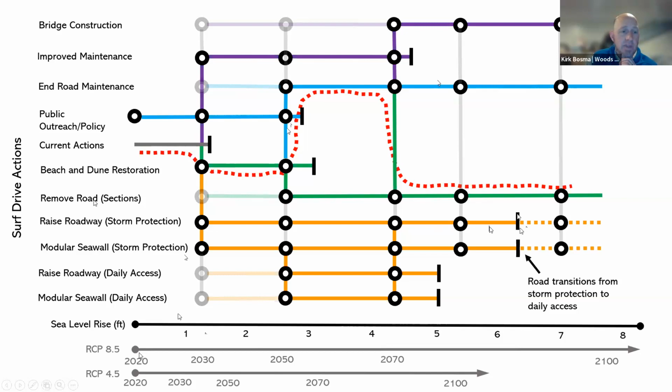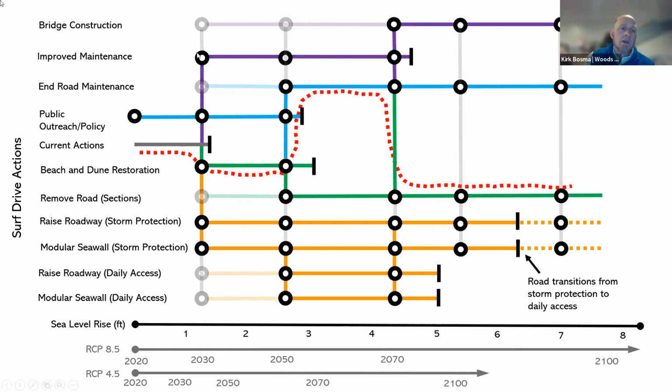So for example, if they just raised the roadway here following that protection approach, there was a point in time that it wouldn't really work anymore, right? Because it would have been flanked or overtopped. Improved maintenance only worked to a point where it was now daily flooding. Every single high tide was going over the road. Well, that maintenance doesn't really function.